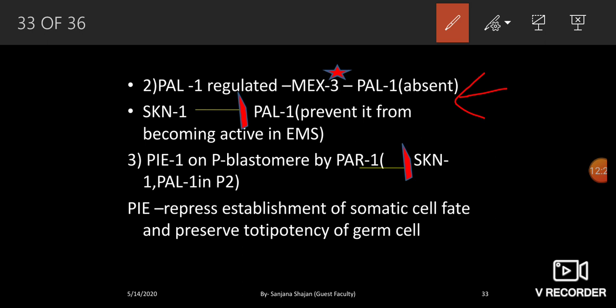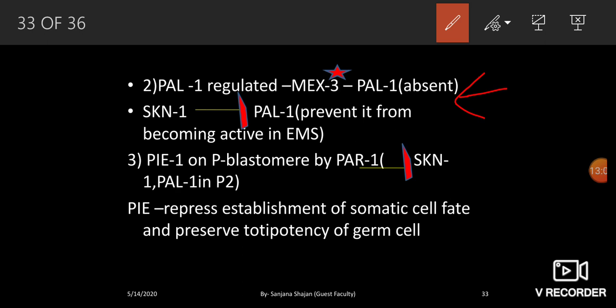You can see here, if MEX3 is expressed, then PAL1 will be absent. In the same way, if you have MEX3 deficient mutants, then PAL1 will be expressed in all the blastomeres. So the main function of this is to suppress or regulate this gene.